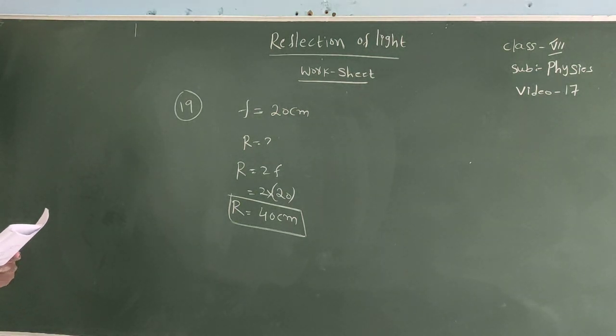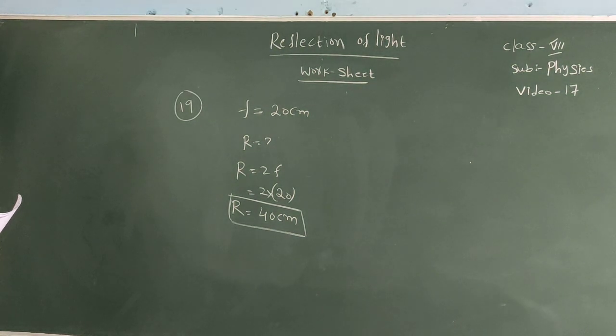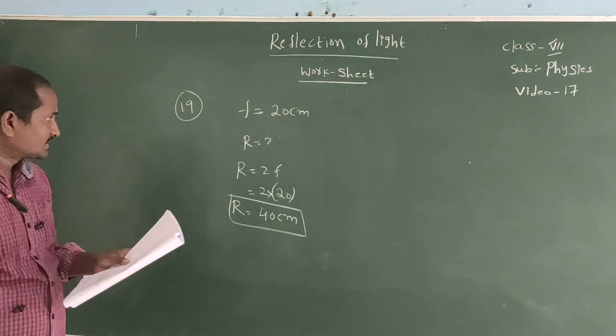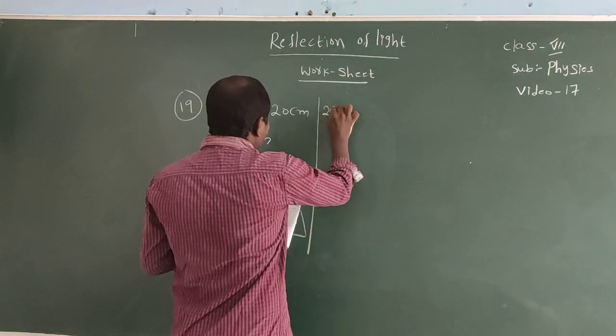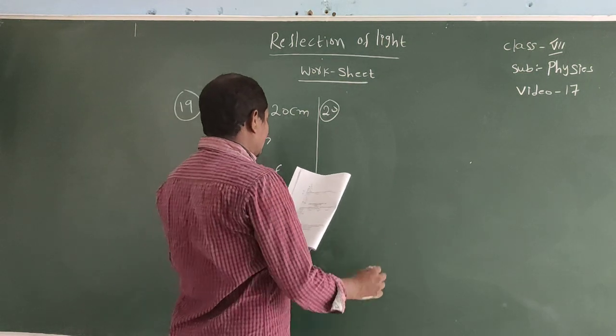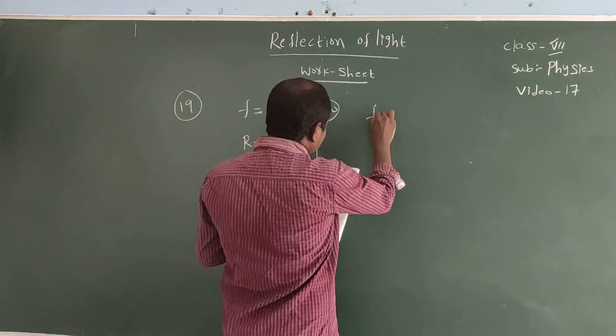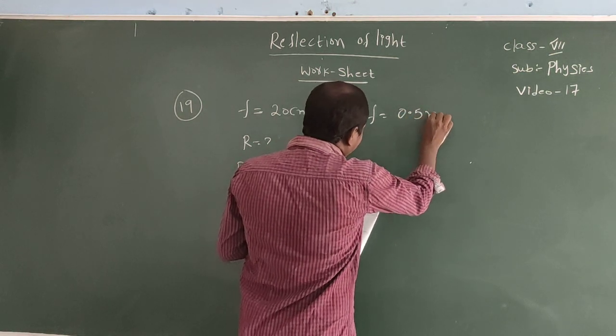Okay, next one, 20. A convex mirror has a focal length 0.5 meters. Then its radius of curvature is... Focal length f equal to 0.5 meters.